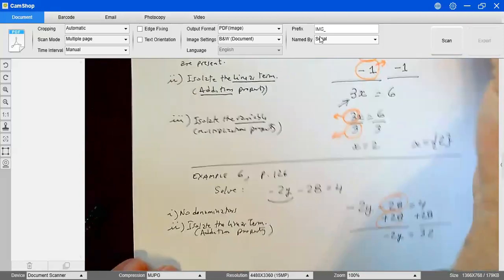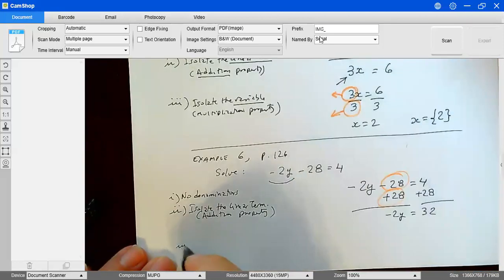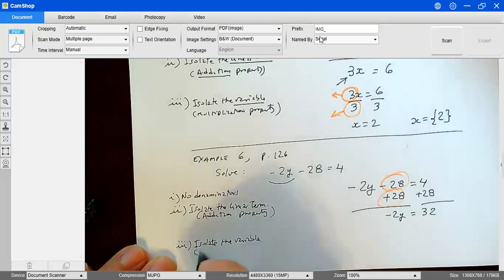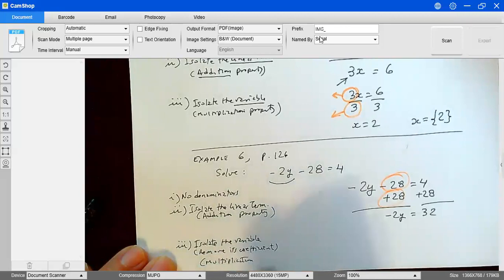The last step is we're going to isolate the variable. So we're going to remove its coefficient. How? We're going to use the multiplication property.